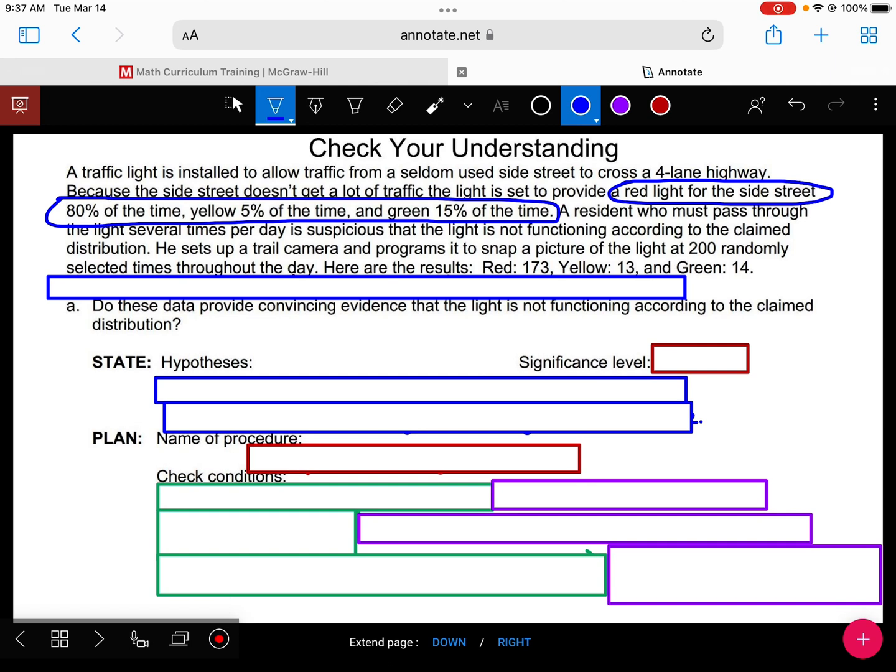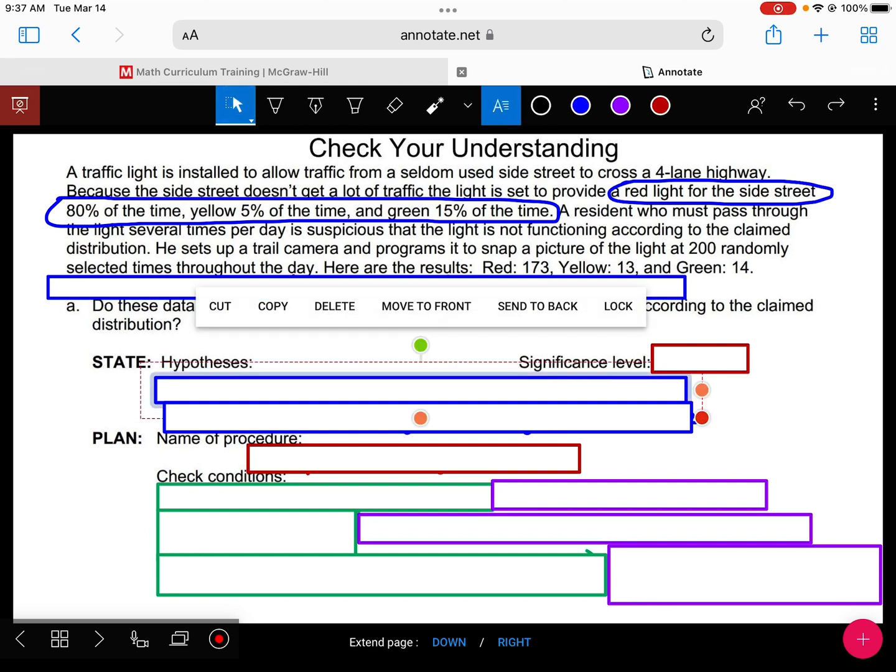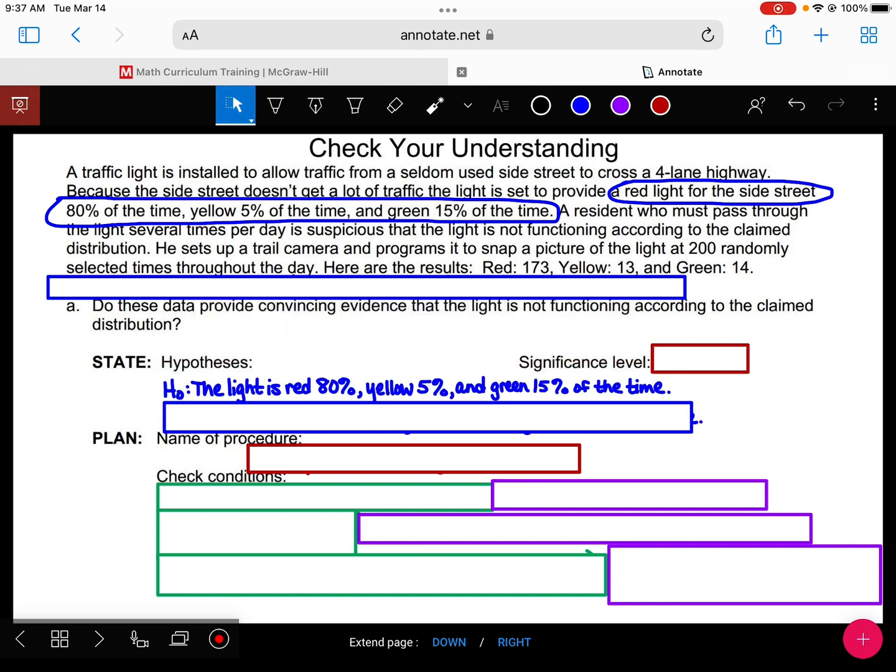All right. What would our hypotheses be in this situation? The null would be the light is functioning according to the claimed distribution, or the light is red 80% of the time, yellow 5%, green 15%.